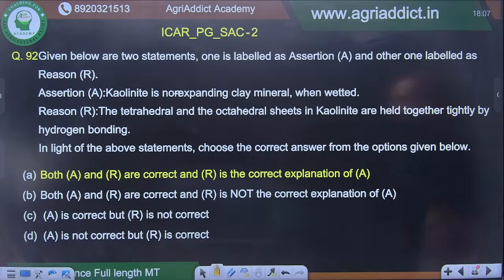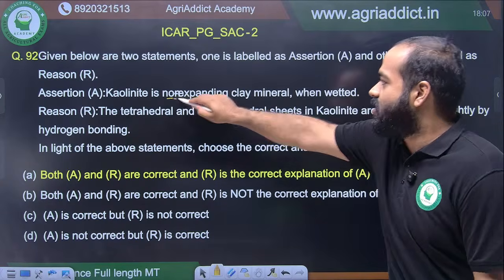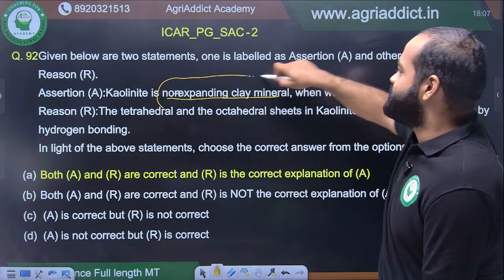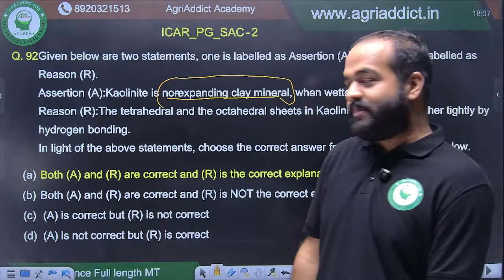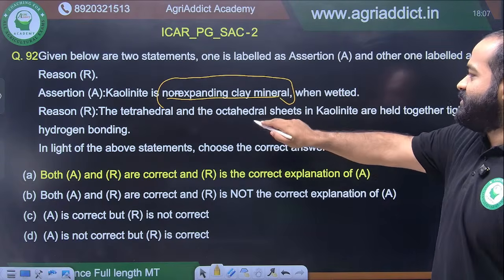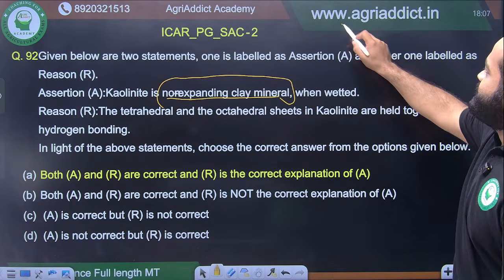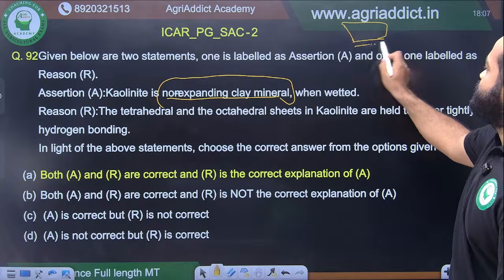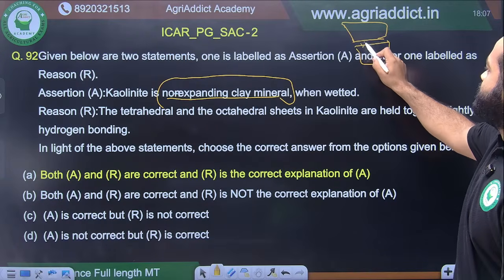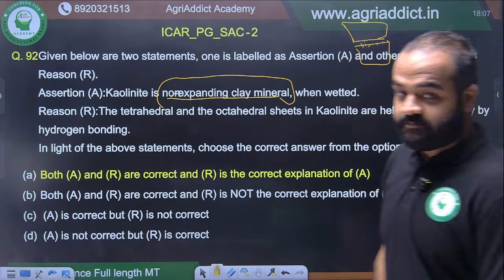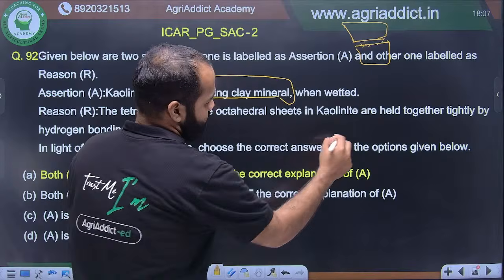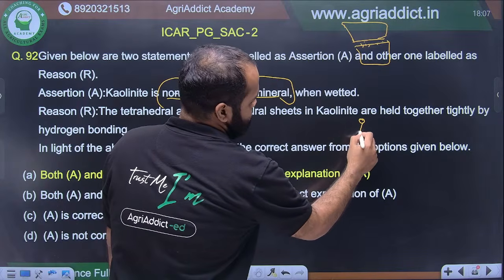इसमें भी कुछ बोलने का नहीं है. Kaolinite, we all of us know, all soil science students know, kaolinite is non-expanding mineral, because tetrahedral and octahedral जो sheet है, उसके बीच में there is hydrogen bonding. Tetrahedral is like this, no?